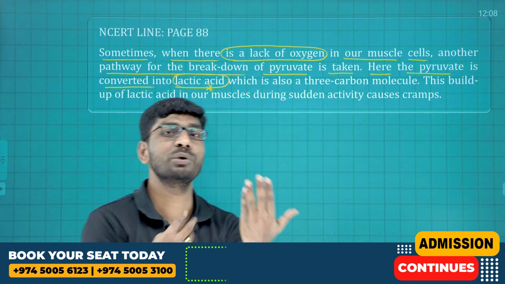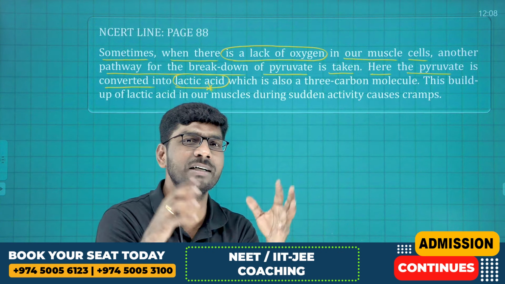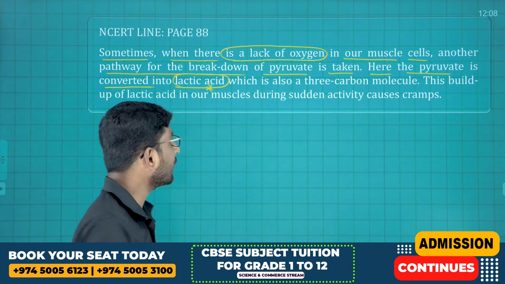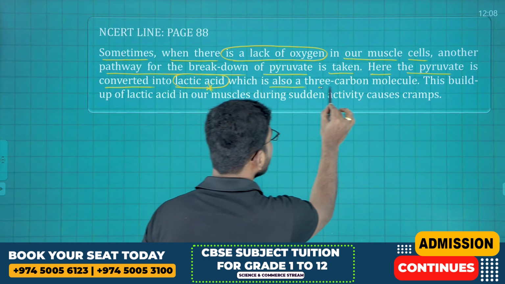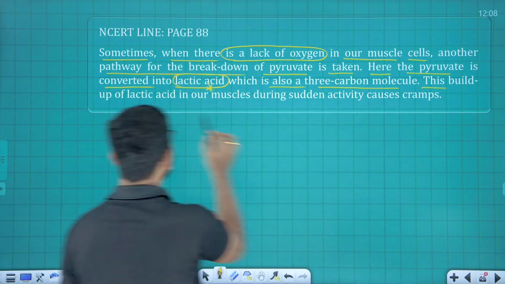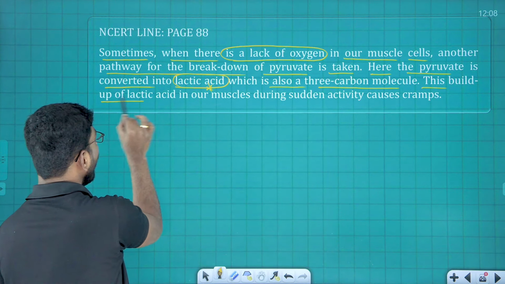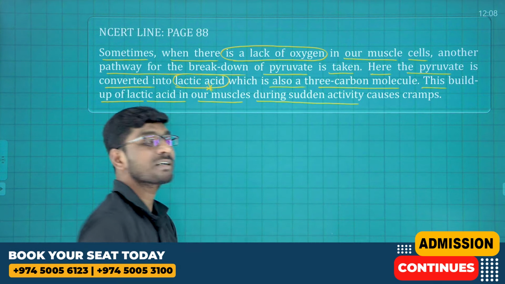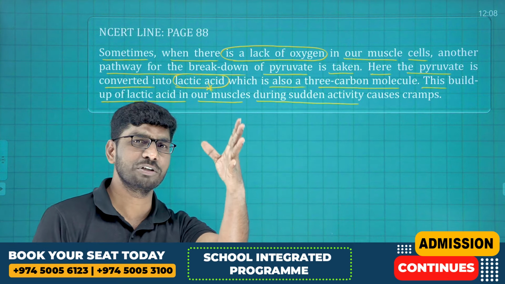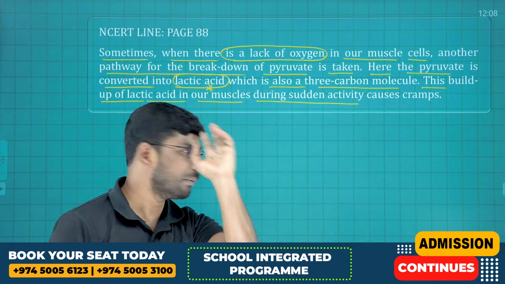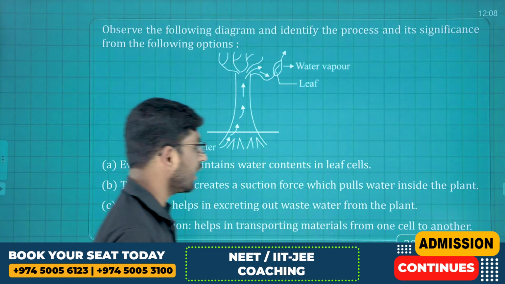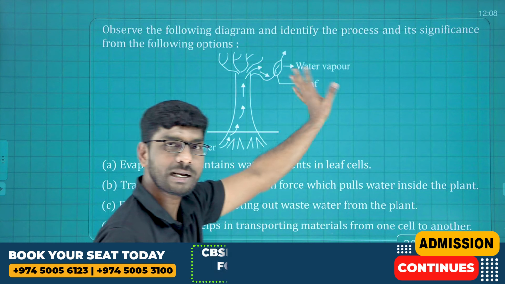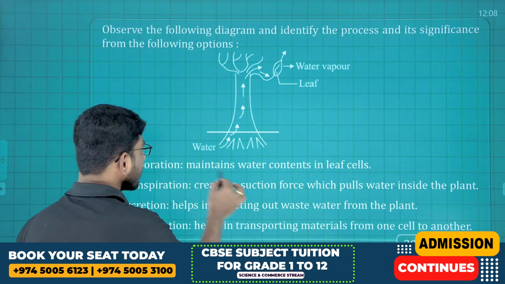Pyruvic acid is converted into lactic acid, and this lactic acid accumulates in the muscle to cause pain or cramp. You got my point? Look here, which is also a 3-carbon molecule, this build-up of lactic acid in our muscle during sudden activity causes cramp. Direct MCQ question. Are you following me? Shall we go to the next question? The next question is 2023. One diagrammatic phenomenon is given. Look at the diagrammatic phenomenon. I hope you all understand.